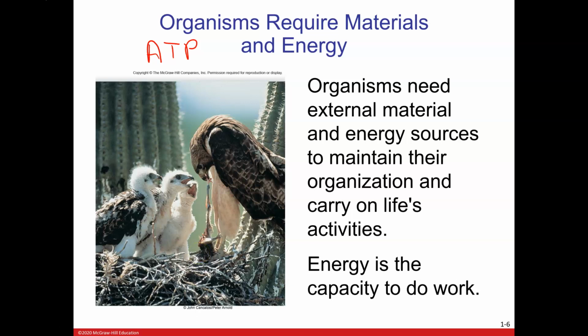That's an example of gaining energy. So eating is how we gain energy. We take in carbohydrates, we take in proteins, and we break them down and we produce energy. And energy is what we use to do different work. The energy that our cells use, like I said, is ATP.